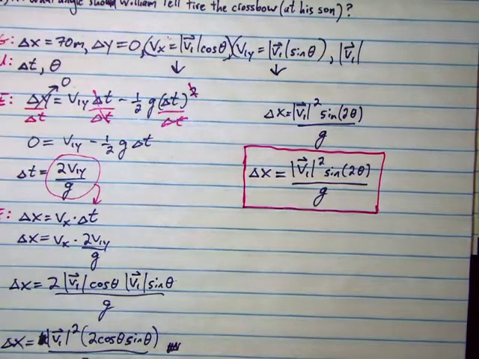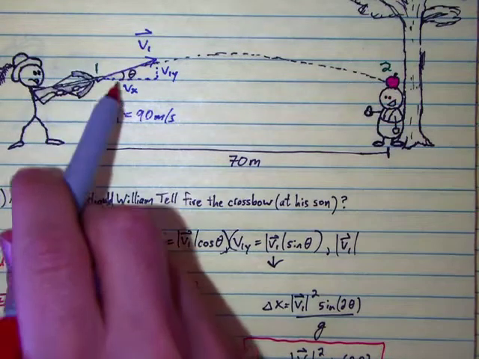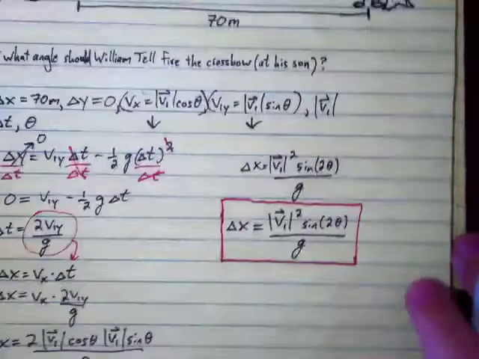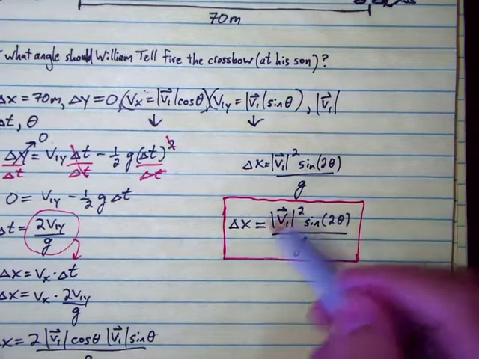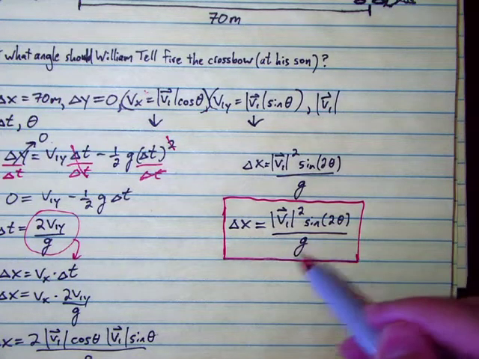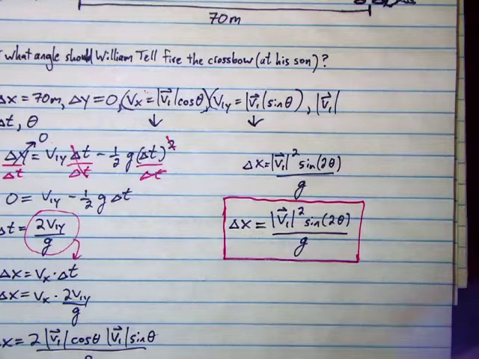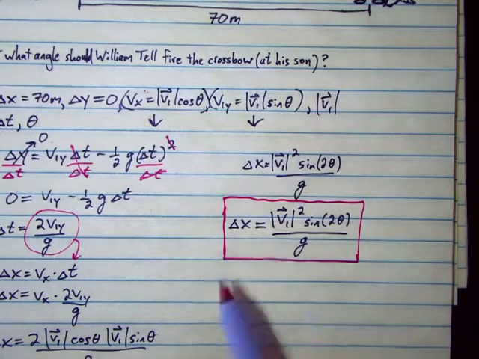What this relationship tells us is that if we launch and land at the same height and launch at a certain angle, the distance that we will travel, our range, is equal to our launch speed squared times sine of twice that angle, all over g. So we can relate the launch angle directly to the range.